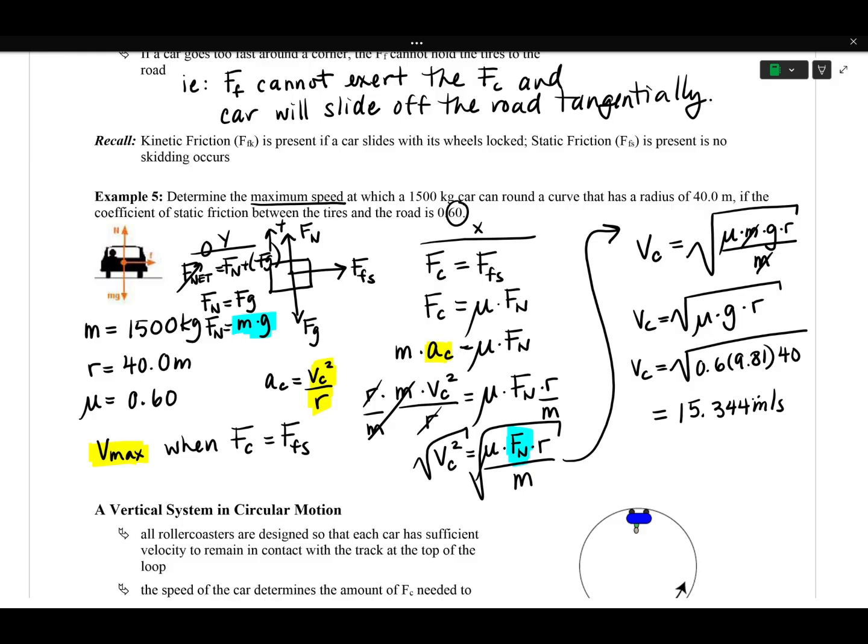Again, looking at our coefficients of friction, I only have 2 significant digits, so my answer is going to round to 15 meters per second. That's the maximum speed the car can go around the corner without sliding off or skidding off.